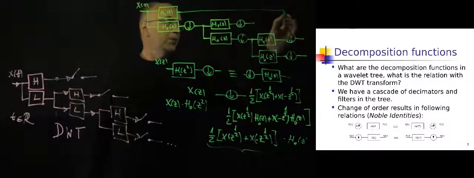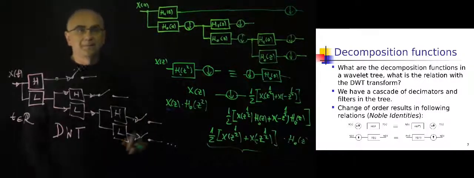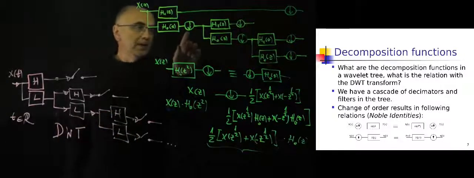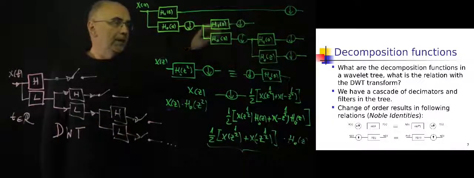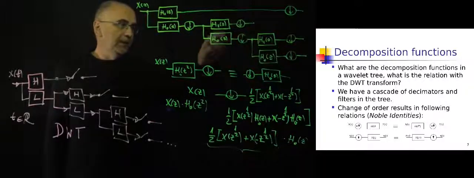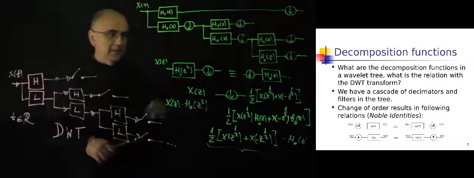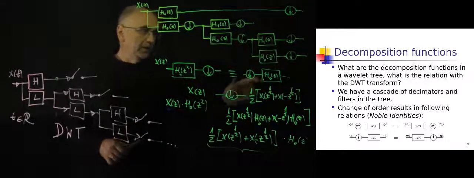Nothing really changes right here. But if I want to move this decimator through the linear system, through the linear filter H1 or H0, I have to apply the noble identity.